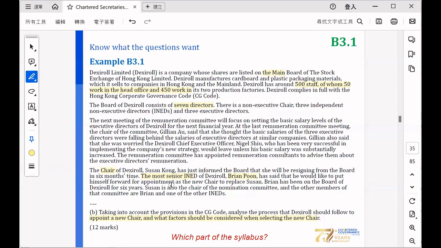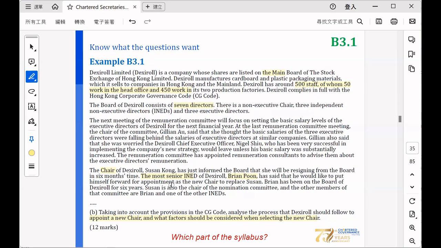And then, as we have seen in the nomination committee, they should have the skill matrix, make sure that the skill matrix can map the people around, etc. And then you have the search process. So in that case, it's very similar to the earlier questions about the time: whether you should have sufficient time to be devoted to the role.